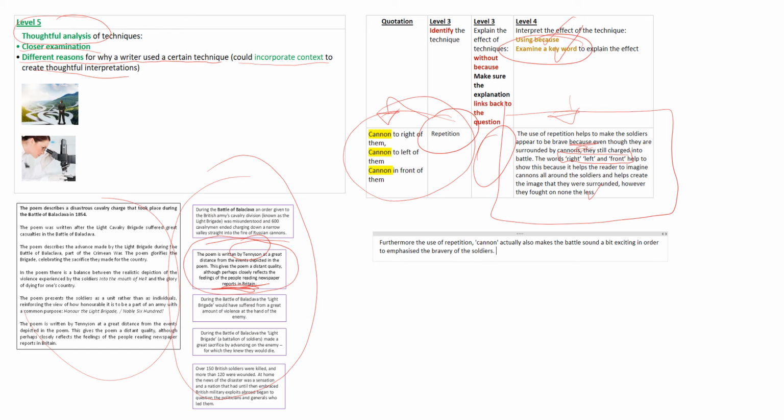And when you get to level 5, you're starting to make more thoughtful analysis. So your ideas need to be a little bit more tentative because you're testing them out.